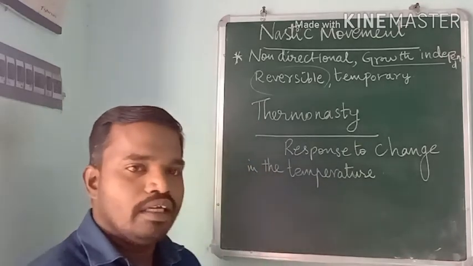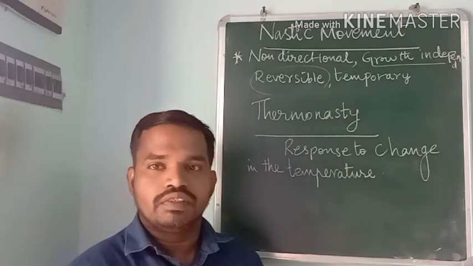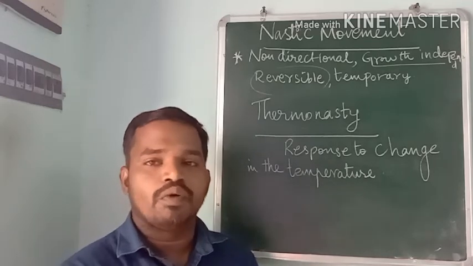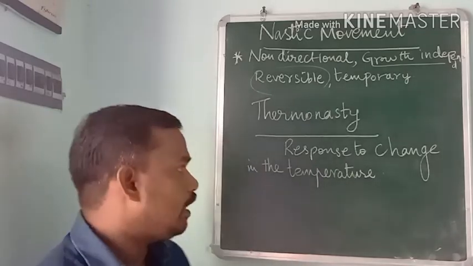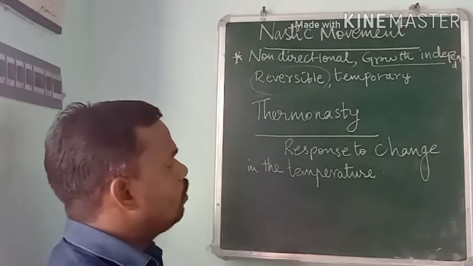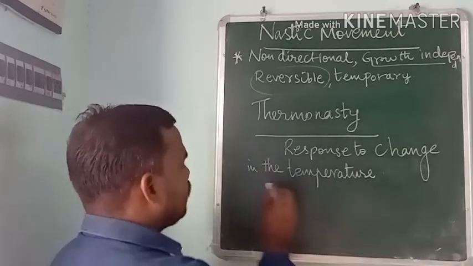Okay, and the Thermonasty is associated with the response to the temperatures. The temperature பொறுத்து தான் அதனுடைய plant உடைய response இருக்கும். Got it? Thermonasty, response to change in the temperature. So examples: tulip.